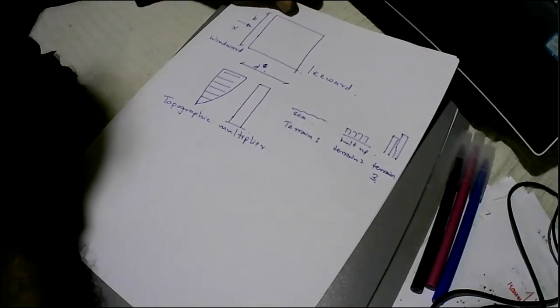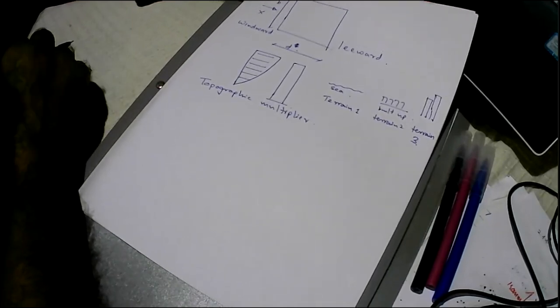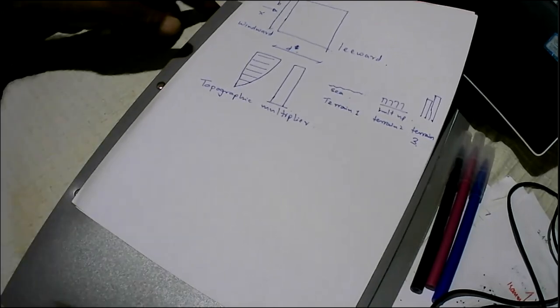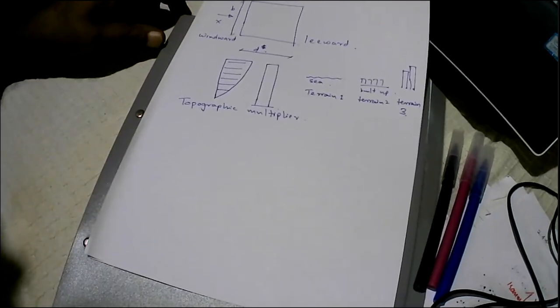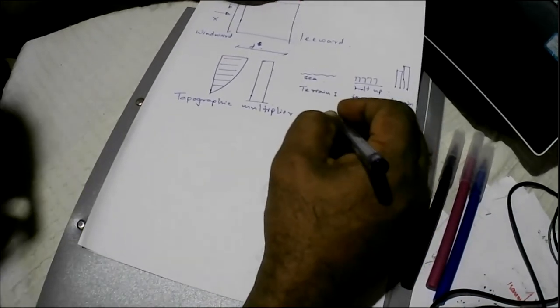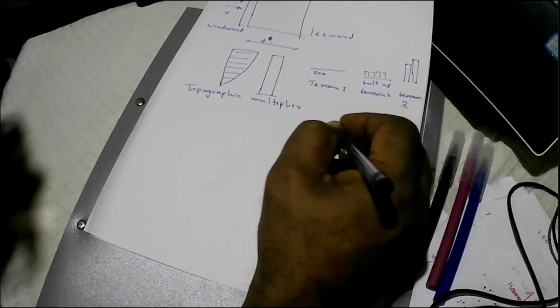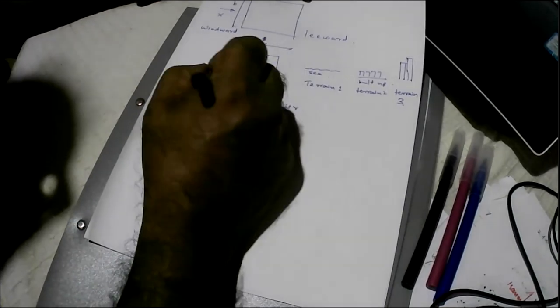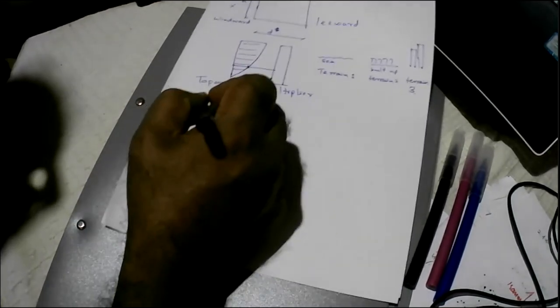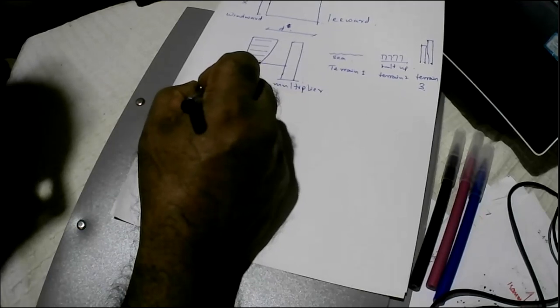So you can get different terrains, which means at different heights we'll be able to get the velocity.